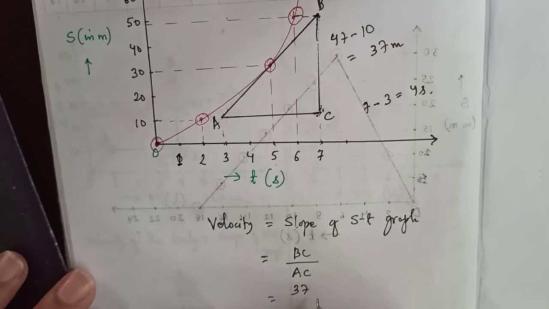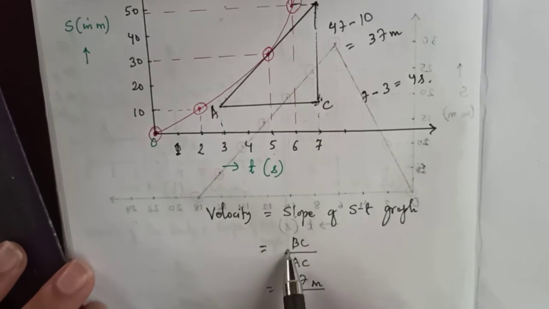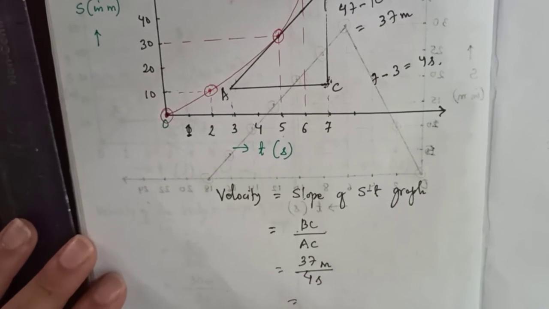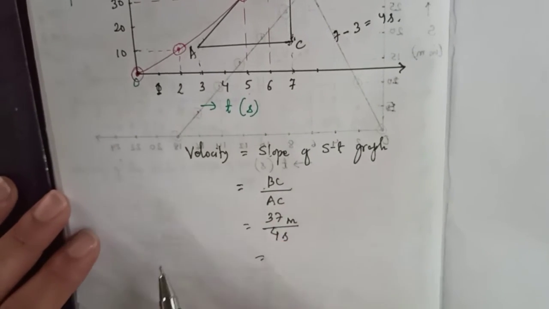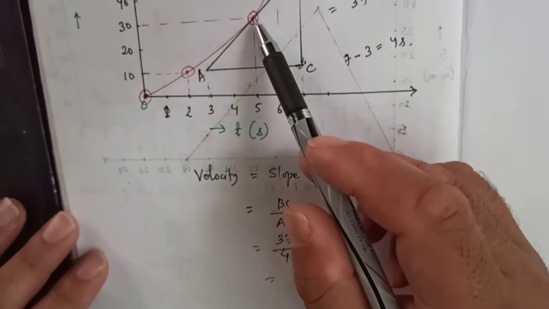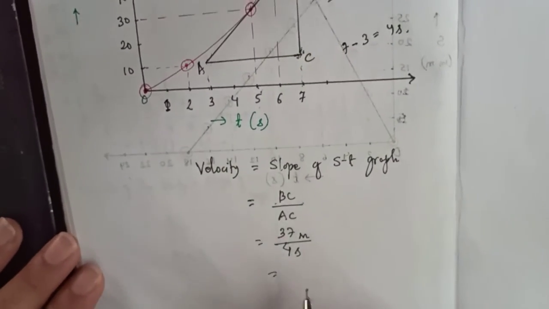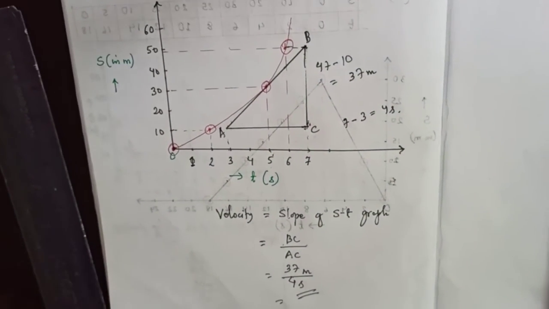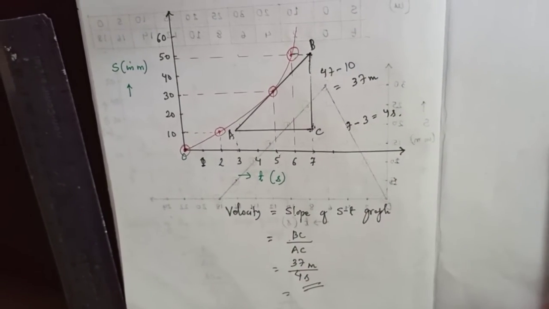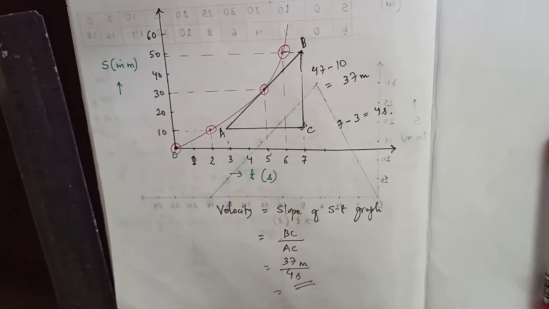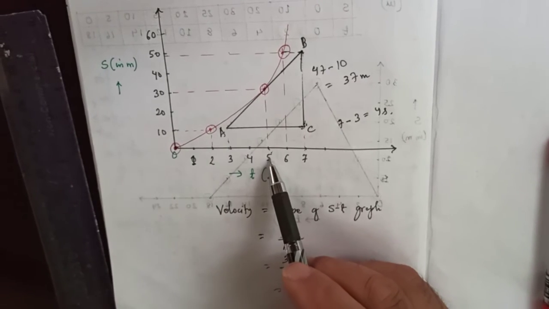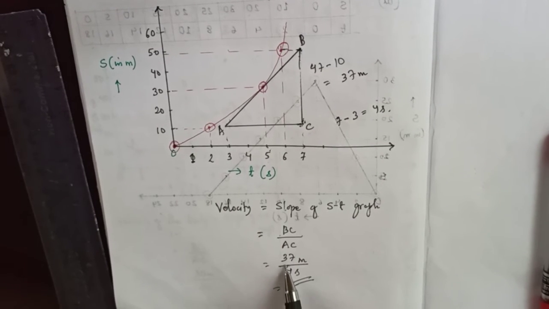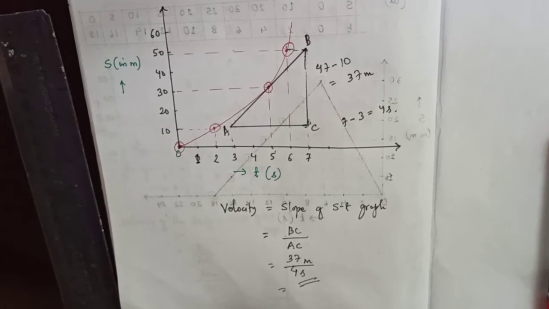So if you divide 37 meter, which is BC, by AC, which is 4 seconds, you'll get the value of the variable velocity or instantaneous velocity at 5 seconds. That will be the instantaneous velocity, as the body is moving with variable velocity, meaning at every point its velocity is changing, and at 5 seconds the instantaneous velocity of this body is 37 by 4 meter per second.